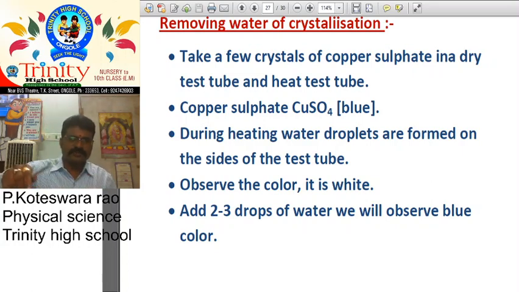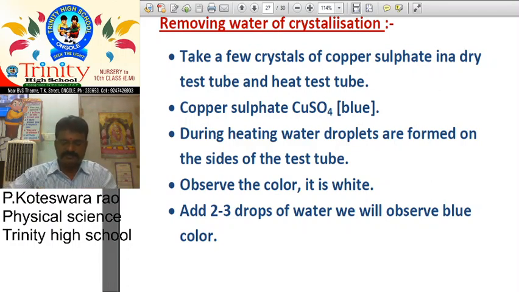This is called a test tube holder, so we can hold the test tube with it. Why, sir? Because while heating, the test tube will get hot. If you touch it with your hand, it is very hot. To avoid this, we hold it with a test tube holder.